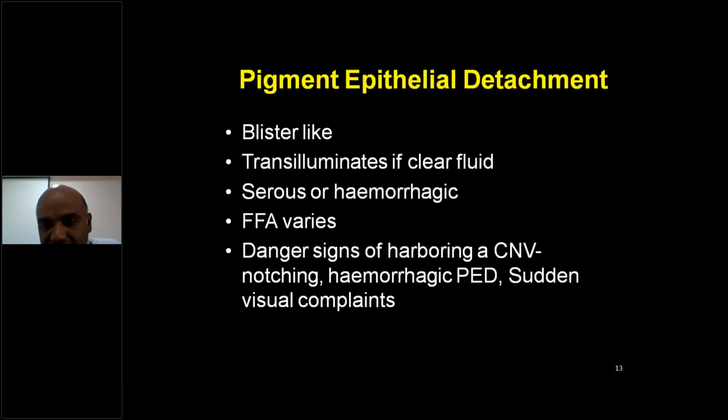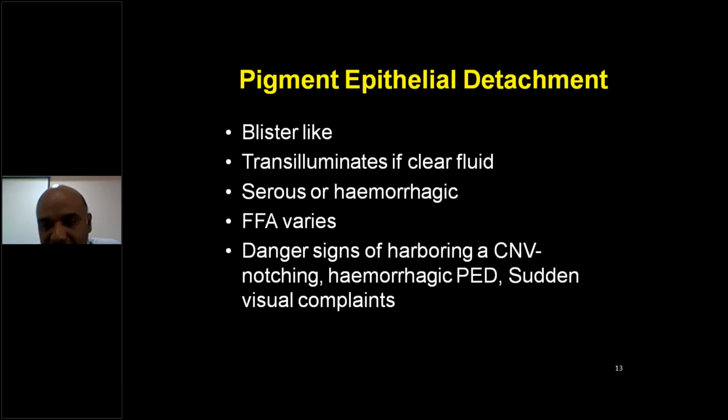So what happens when wet AMD develops? As neovascularization develops below the pigment epithelium, or new vessels develop, they start to push the pigment epithelium upwards. So this pigment epithelium gets detached from the Bruch's membrane. It forms a blister-like lesion with clear fluid, and the FFA sign shows pooling of dye over a period of time.